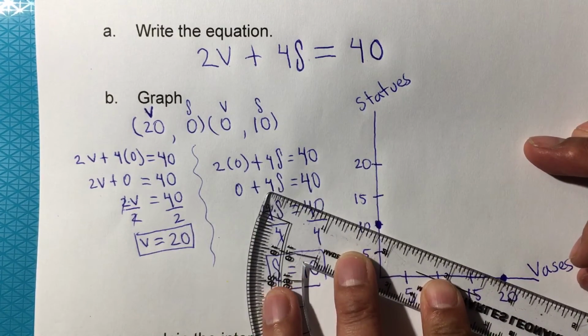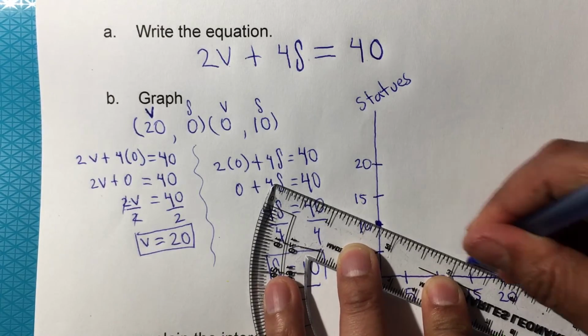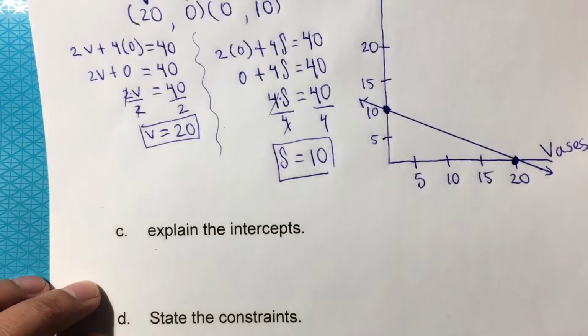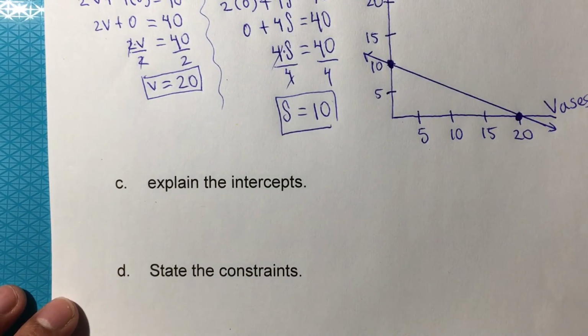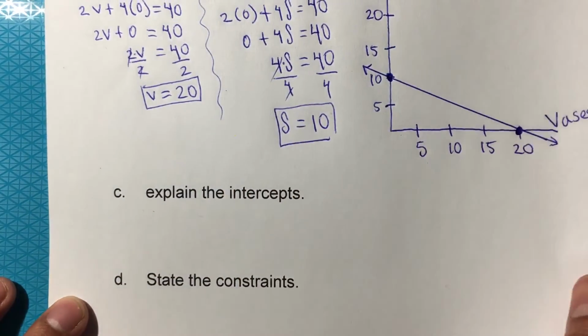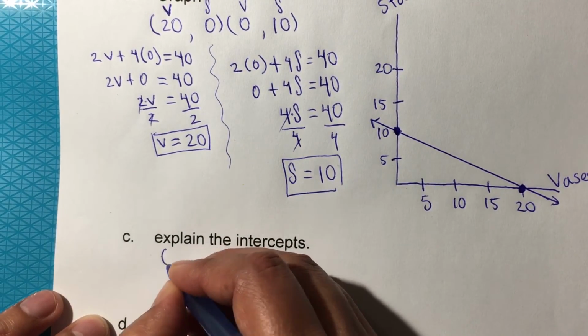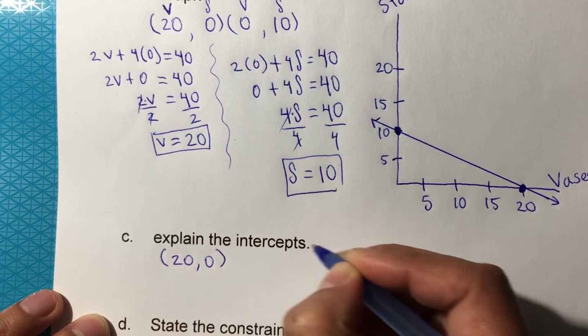I connected 2 points. But let's see if that makes sense in a minute, once we come to constraints. First, let's explain the intercept, which is what we found in here. So explain the intercepts. 20, 0, what does that represent?